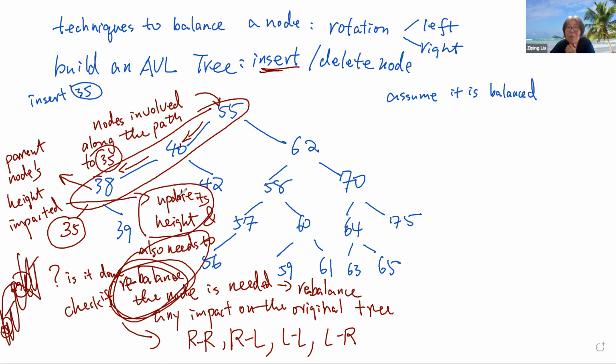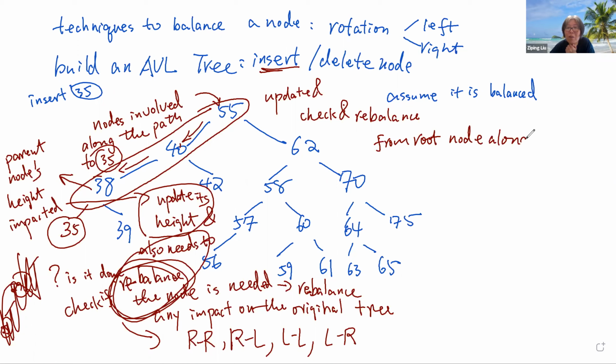Then the other question is, when we do update and check as well as rebalance, maybe we go from the root node along the path to the parent node, or reverse the order.